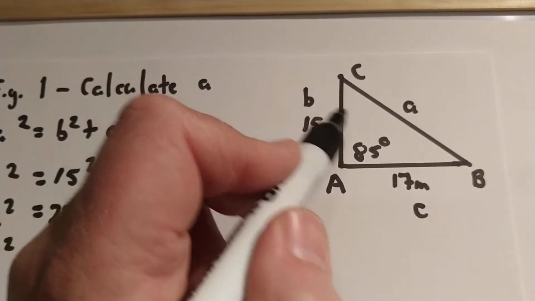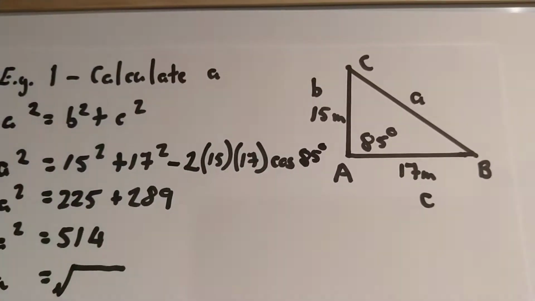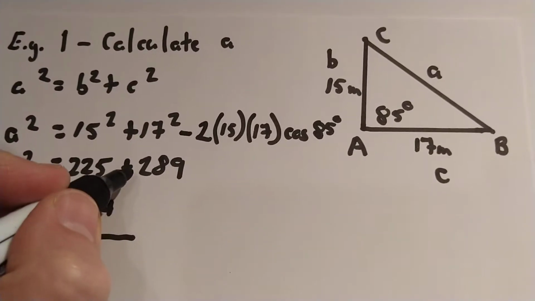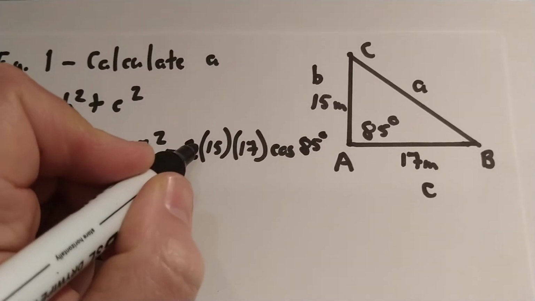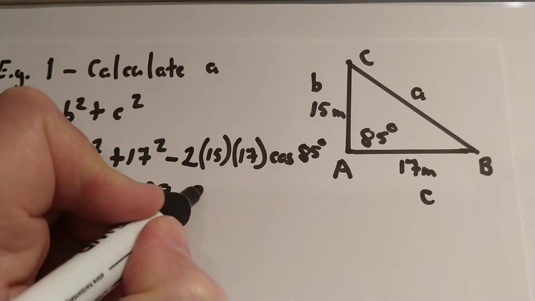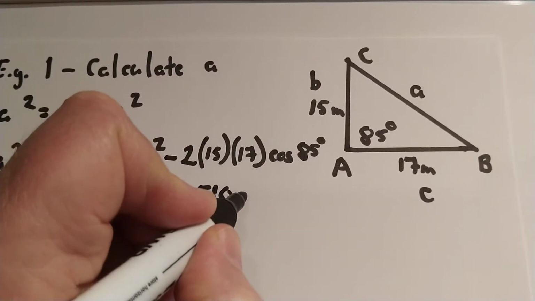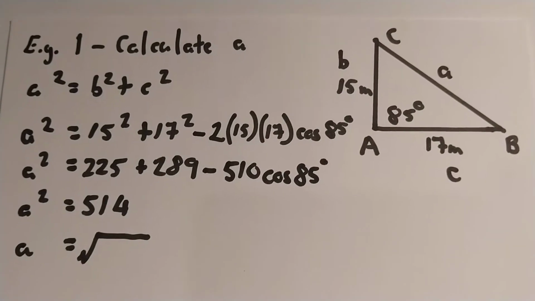The angle in between the sides that we know. So I'm just going to squish 85 degrees in there. So I have my 225 still and my 289, but take away, well, 2 15s are 30, 30 17s are 510, I multiply these numbers together, cos 85 degrees.